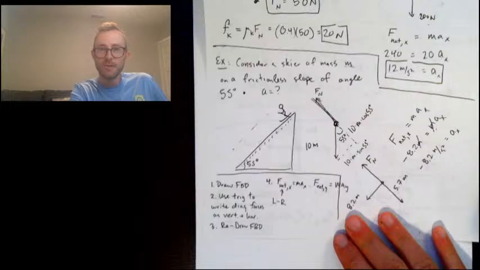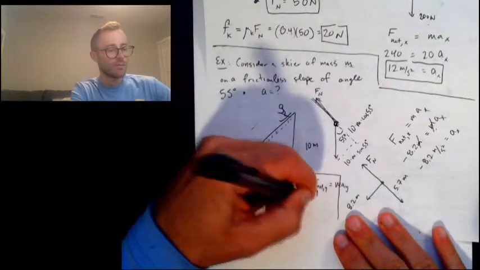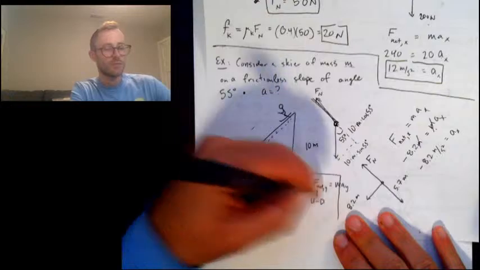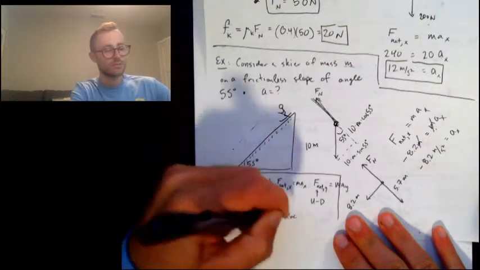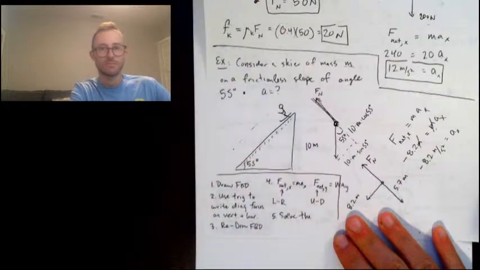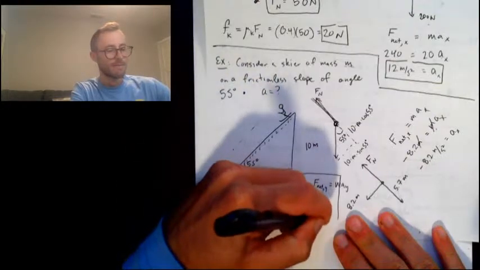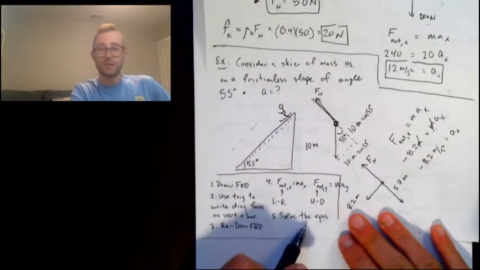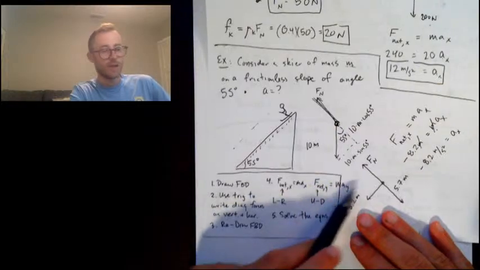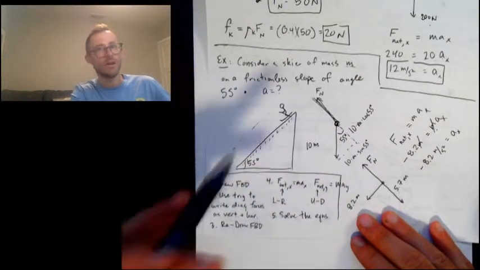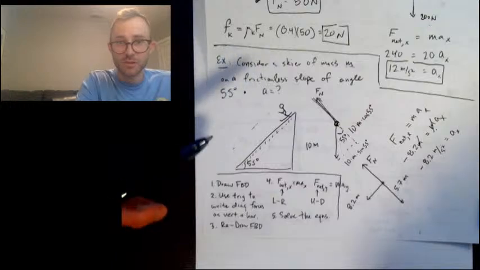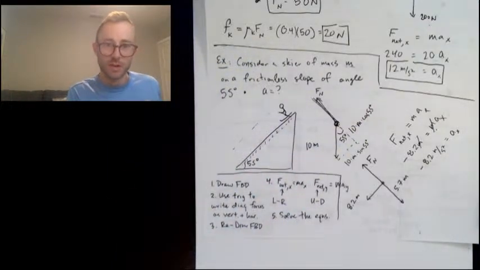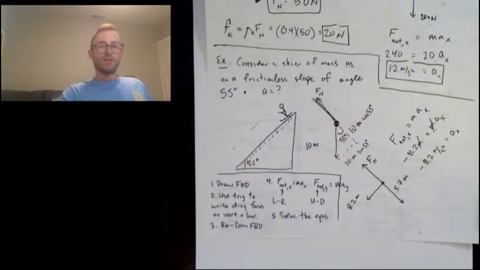The net force in the y direction is up forces minus down forces. And then the last step is you solve the equations. And you want to be careful because you might have that the y component of the acceleration is 0. You might have that the x component of the acceleration is 0, as we'll see in the next lesson. Okay? So that is my lesson for today.